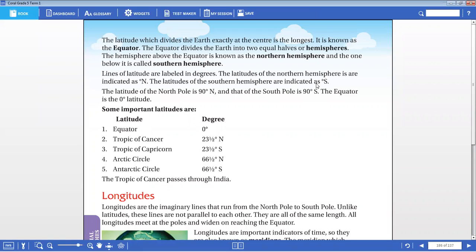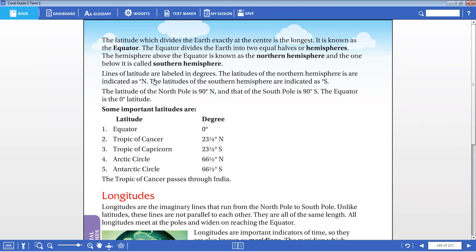The southern hemisphere, below the equator, is indicated as degrees S. You know what poles are: the South Pole and the North Pole, which we learned about in the first lesson.